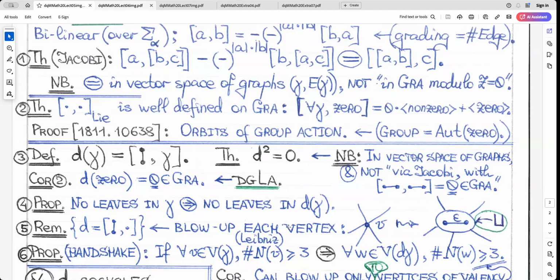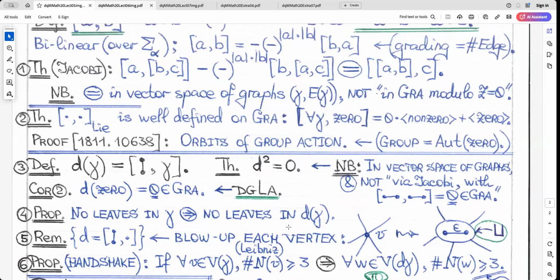Okay. Let us return back to our Jacobi identity. Here is our Jacobi identity. In the left-hand side, the two brackets are the same. This is d squared. The left-hand side of our Jacobi identity is precisely this. What do we get in the right-hand side?